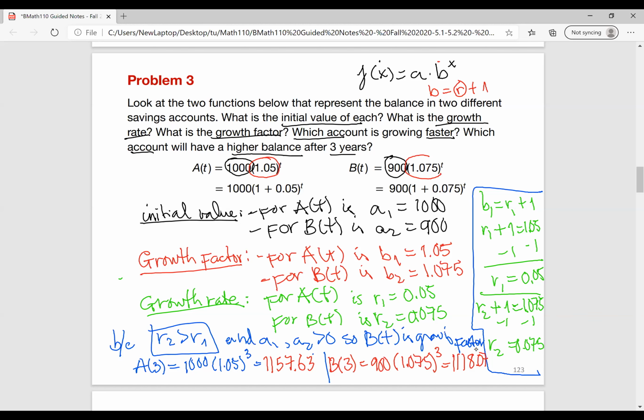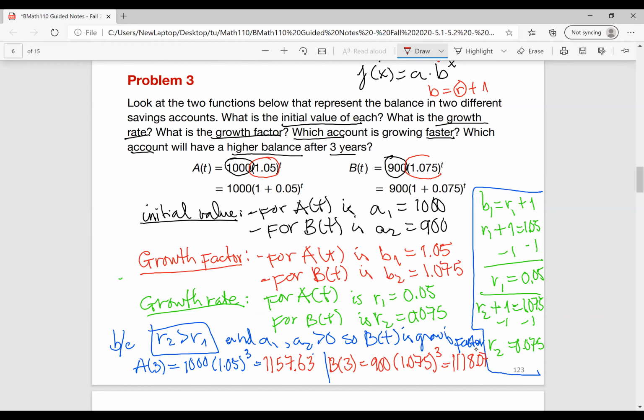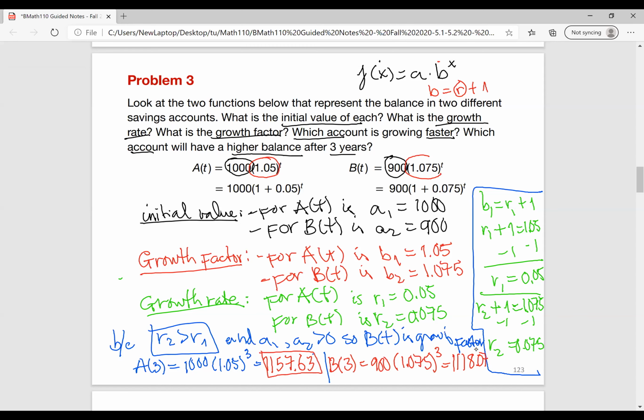Okay, so yeah, I'm going to say even though we know that the B function is growing faster, you can see that when you compare after 3 years, the A function is going to have a higher balance.